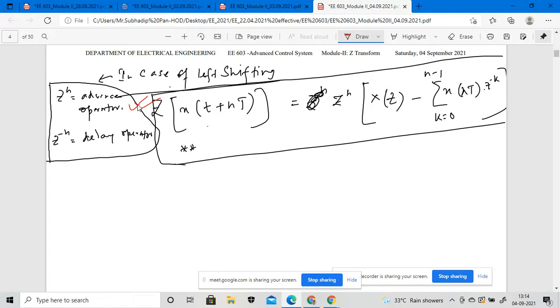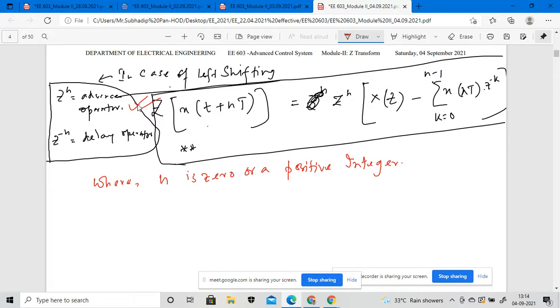Here, n should be either 0 or a positive integer.